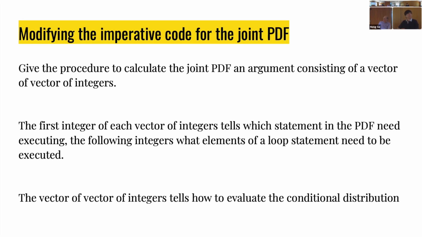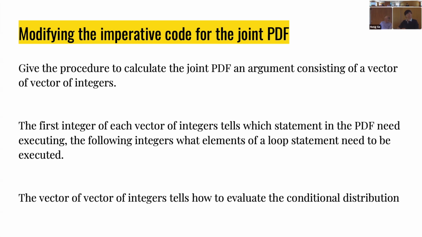There's an optimization fairly obvious. Sometimes you want to evaluate all of the loop, and in that case, just give it a single integer, the sort of line number in the PPL or the compiled code.